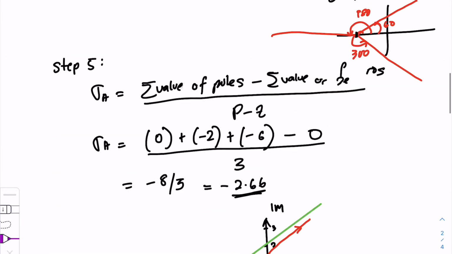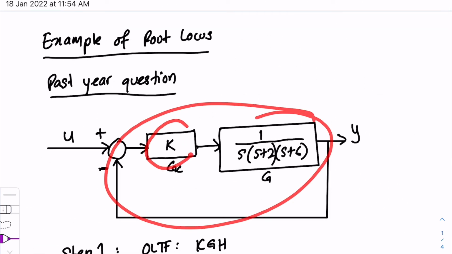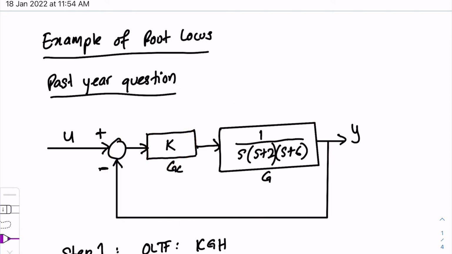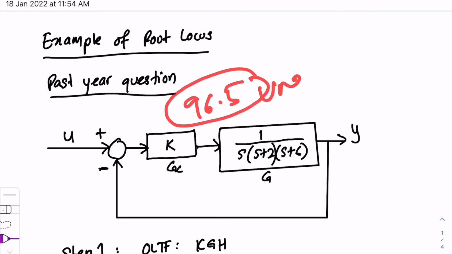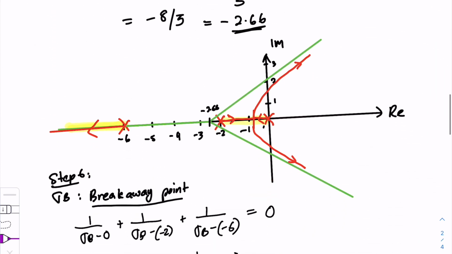When you put your controller in your system, you start with maybe k equals 1 and increase it toward infinity. But when k reaches 96, that is the point where your system becomes critically stable. Anything above that, 96.1 for example, or 96.5, your system will become unstable. Anything above the critical value of k is the unstable region.